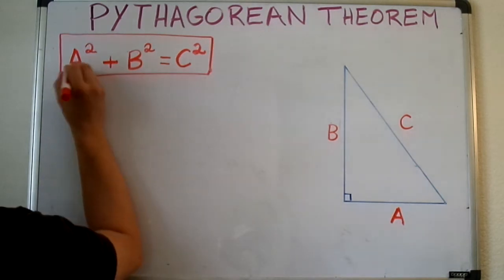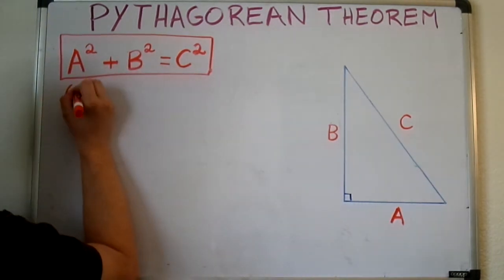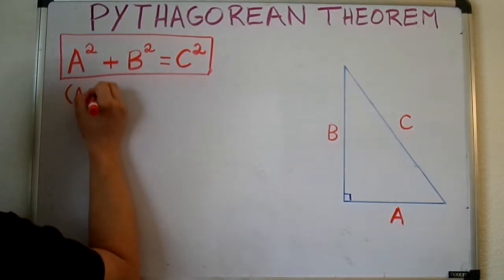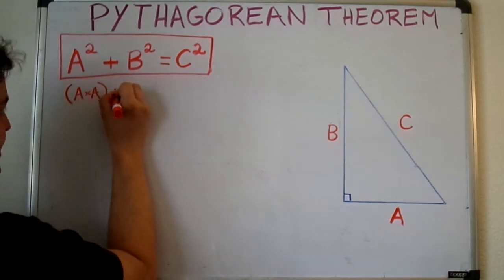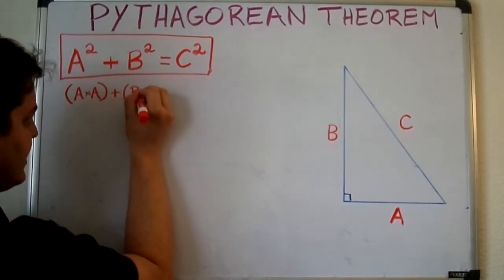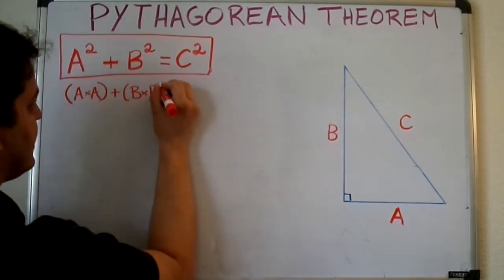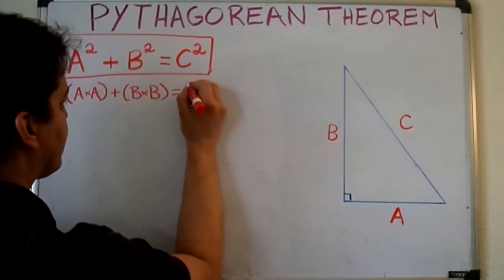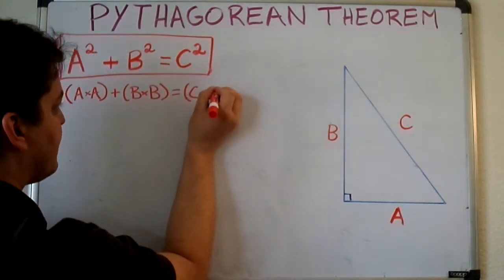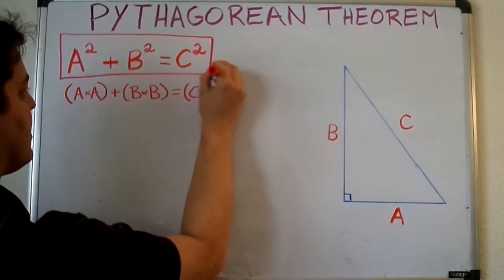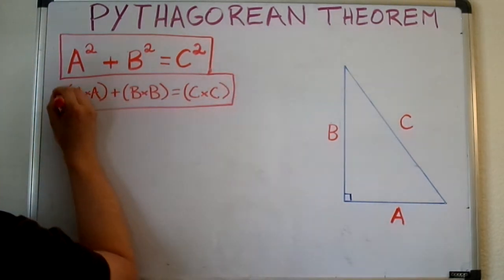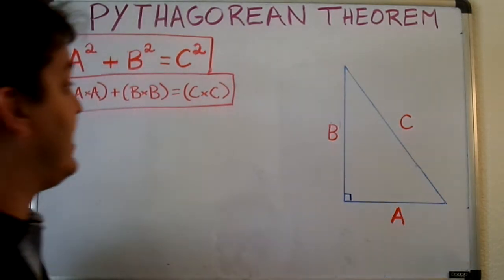Remember, another way of saying this would be like saying A times A plus B times B equals C times C. Okay. Very basic way to understand it. We're making math easy today.